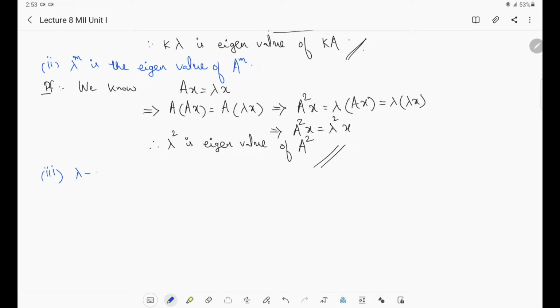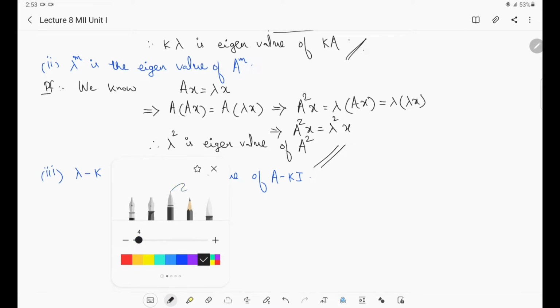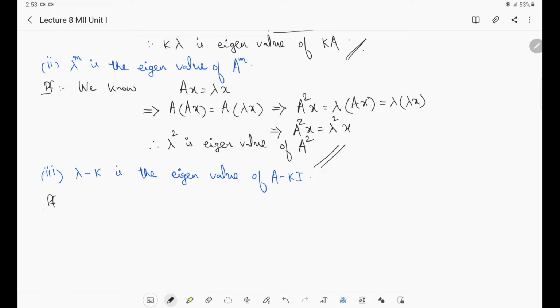Then the third property is lambda minus k is the eigenvalue of A minus kI, right? This is the third property. Now we'll prove this. See, already we know Ax equals lambda x.